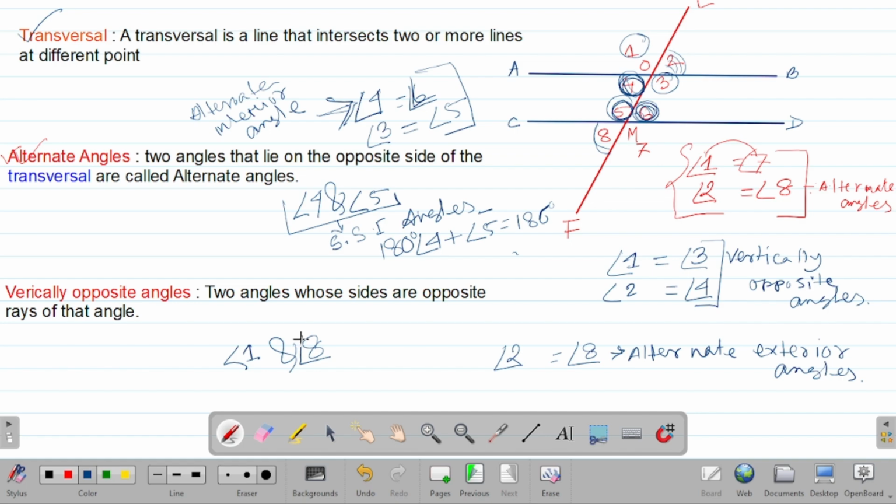That's why they are same side exterior angles. Notice that both angles are outside of the two parallel lines.